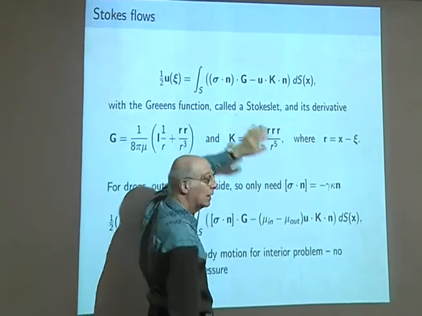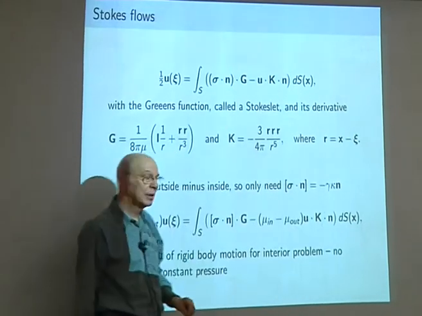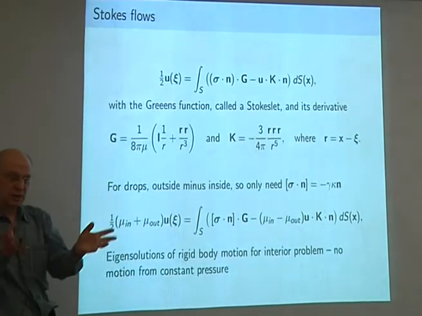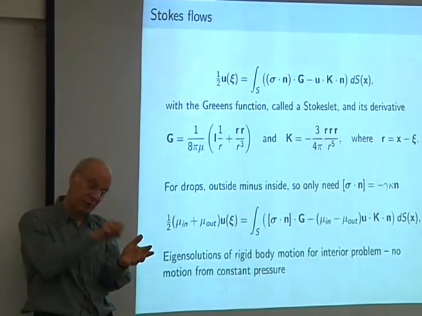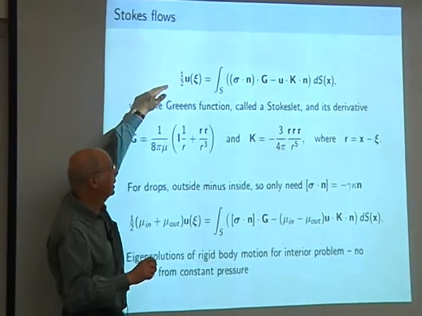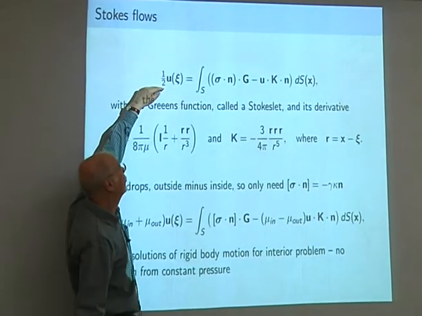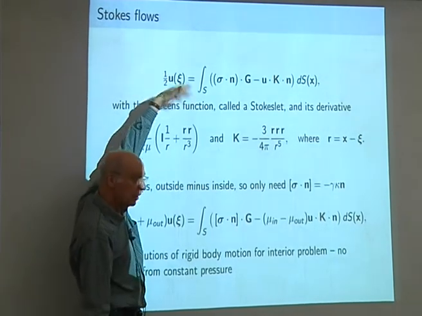Right. I typically don't know the stress on the boundary. You're typically involved in flows of a drop where there's a viscosity inside and a viscosity outside, and we do a trick. When I have a viscous drop with one viscosity inside and one viscosity outside, what I can do is to subtract the equation for the outside flow with the half, and work on the boundary, from the equation on the inside.